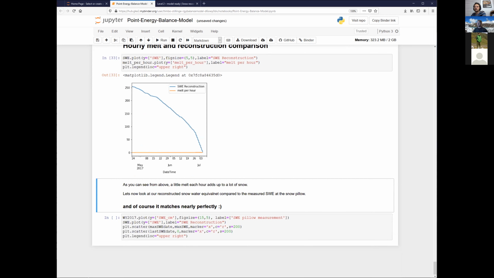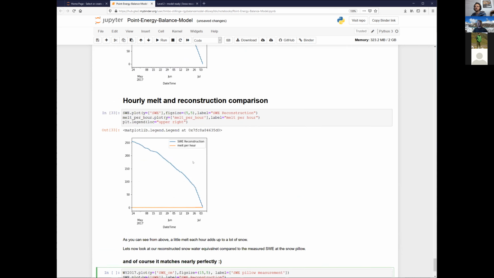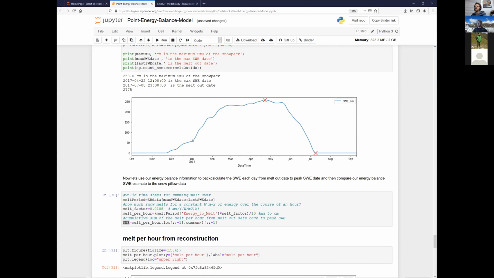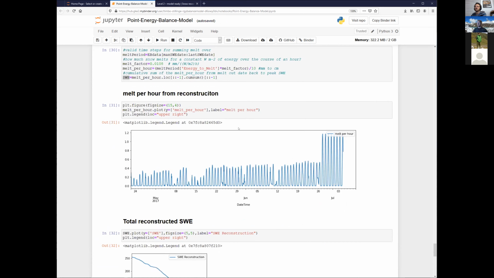And to close it out, let's now compare. This is our estimate based on energy balance modeling, not using any direct measure of SWE. Let's compare this graph to our separate measurement of SWE from our snow pillow at the site.